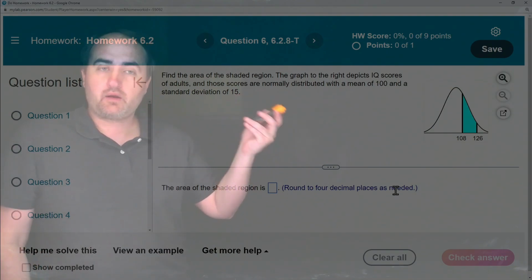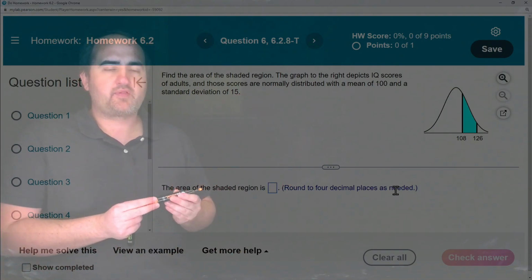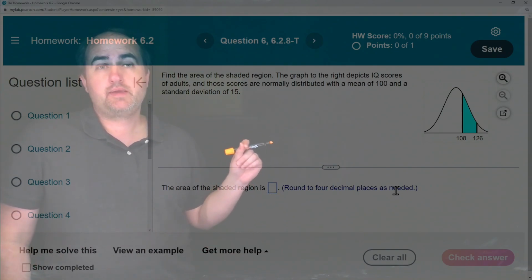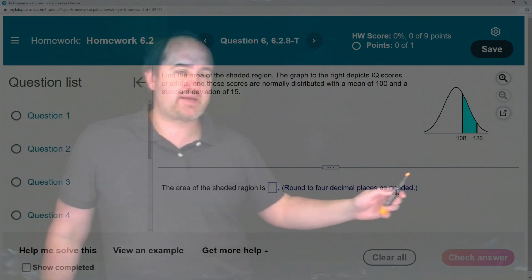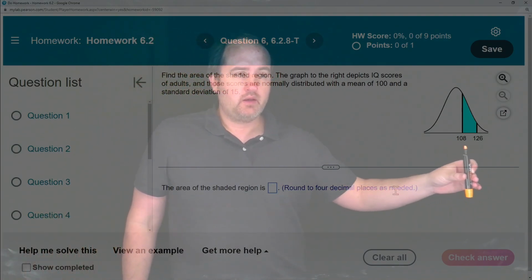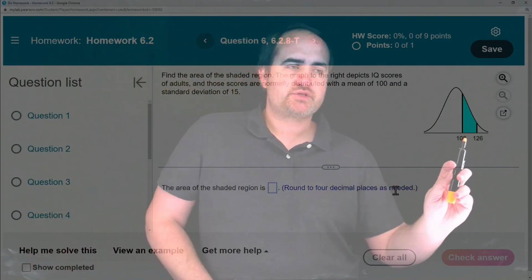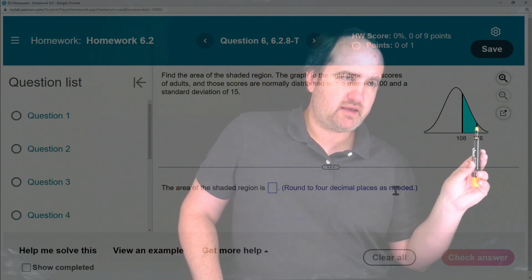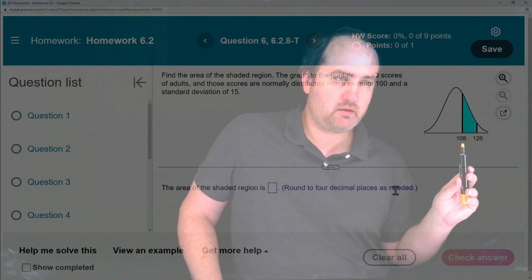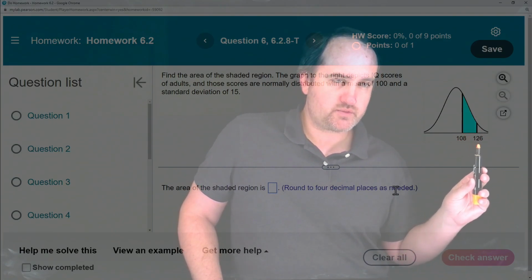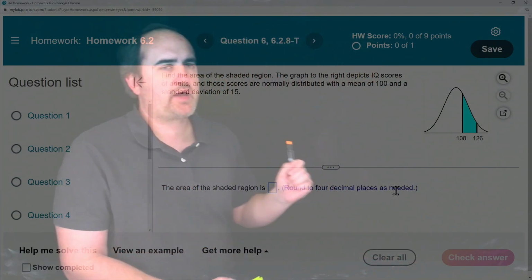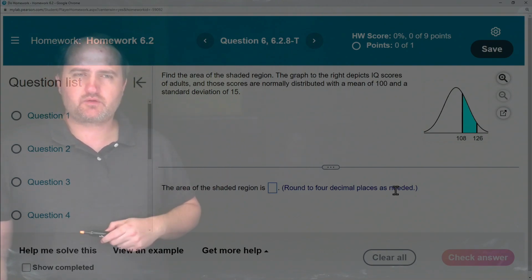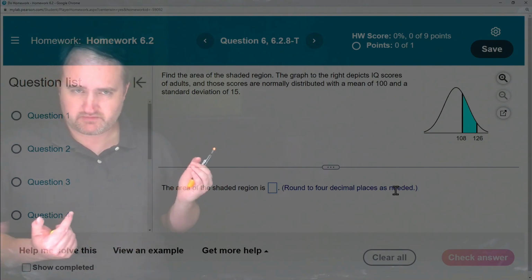Okay, so how do we do this? Just like on the last problem, we have to identify x, mu, and sigma, but here they actually have a picture drawn. Just looking at this picture, everybody can see that we're finding the area in the middle between 108 and 126. So think about it for a second: what do you think x is going to be here?